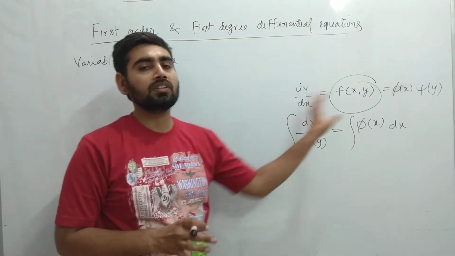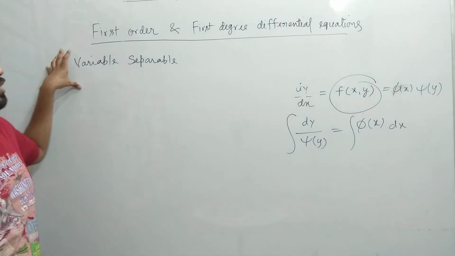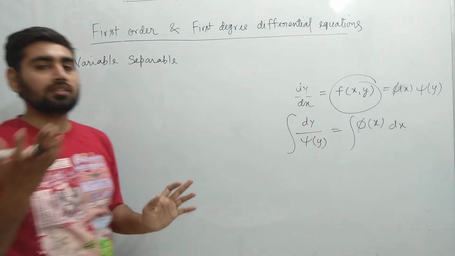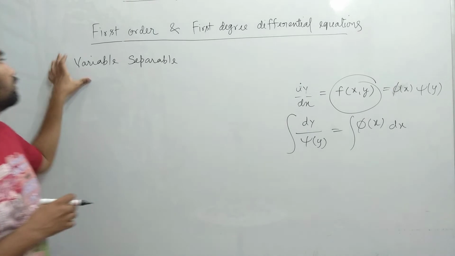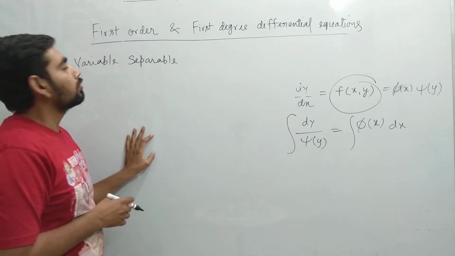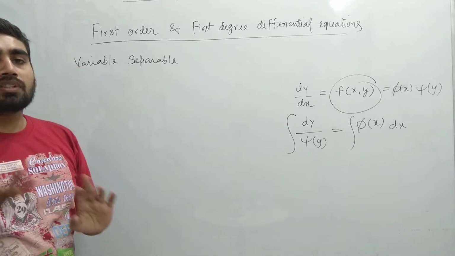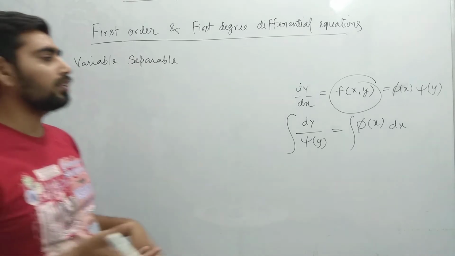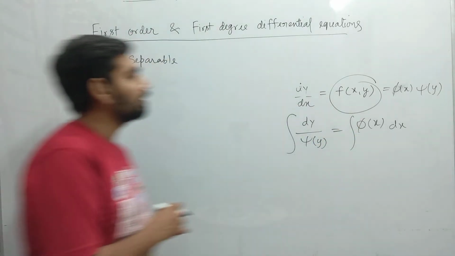The very first type is variable separable, where variables are easily separable. We will directly solve them by separating the variables.